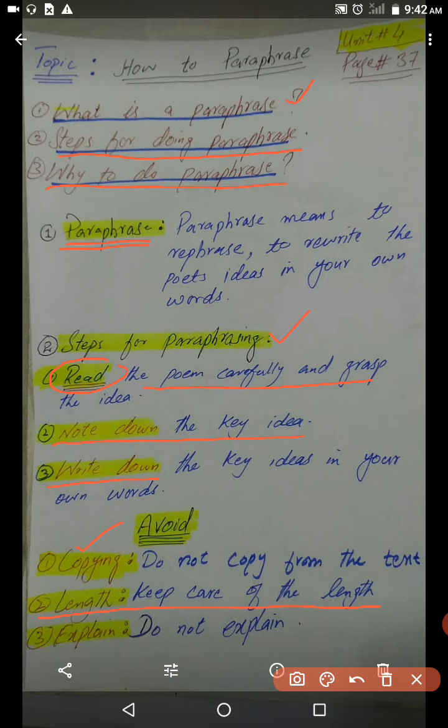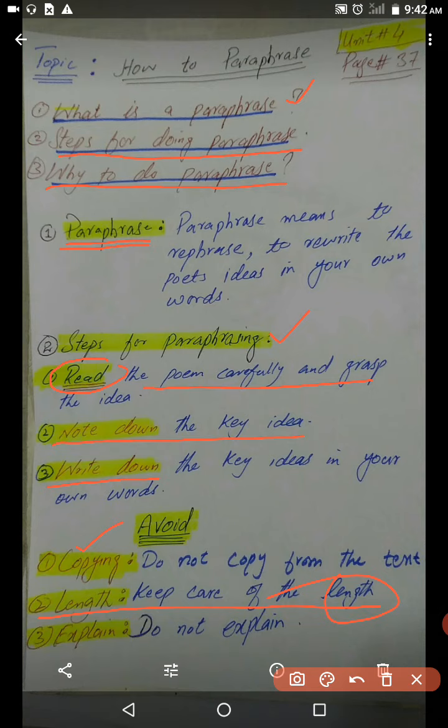As we mentioned earlier, we are not supposed to include our ideas in the paraphrase, so there is no need to exceed in sentences and to exceed in words. Suppose a stanza is having 4 lines, you have to write the paraphrase in just 4 lines or 5 lines, not more than that. Keeping care of the length is very important.